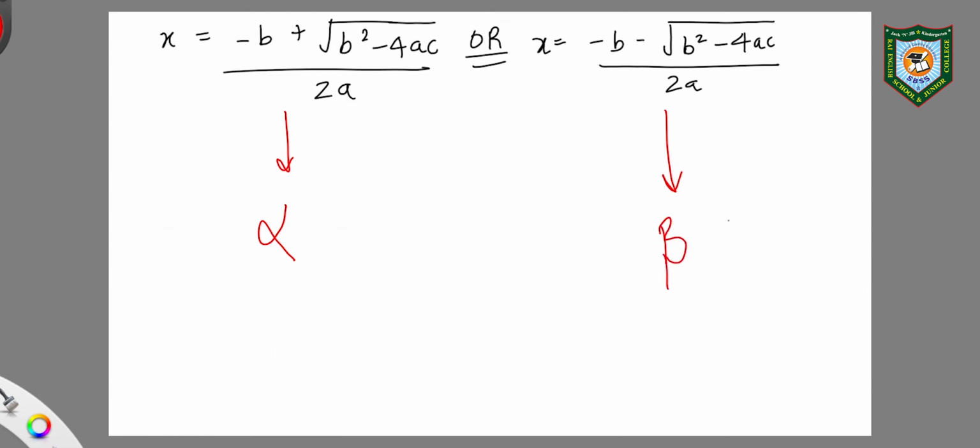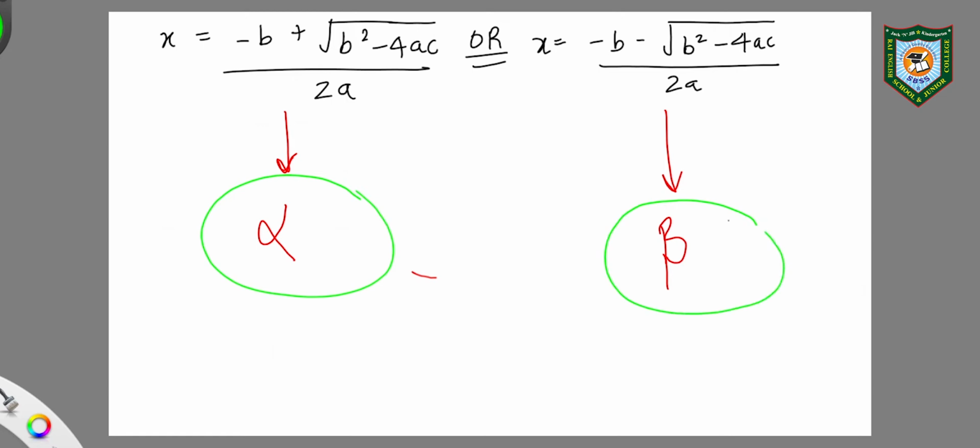Now, there is no certain rule that you have to call this particular value as alpha or this particular value as beta. You can call either of them as you wish. If somebody wants, you can call this as alpha, you can call this as beta. There is no such rule in which root has to be called as alpha and which root has to be called as beta.